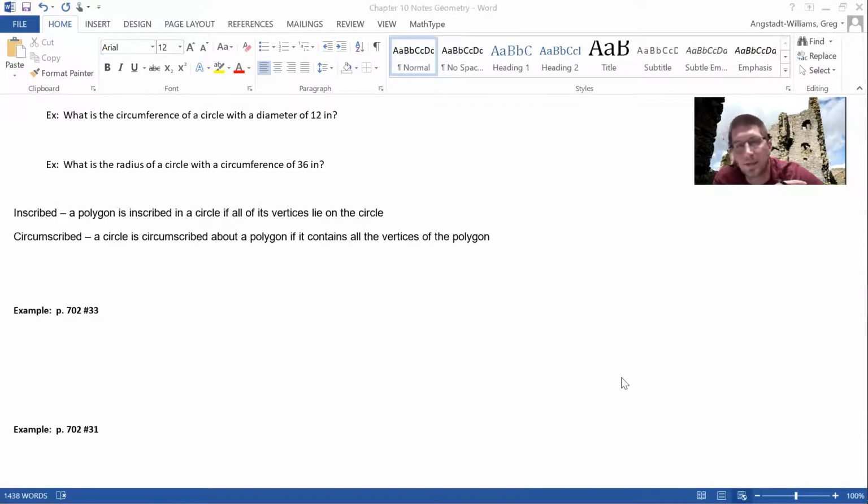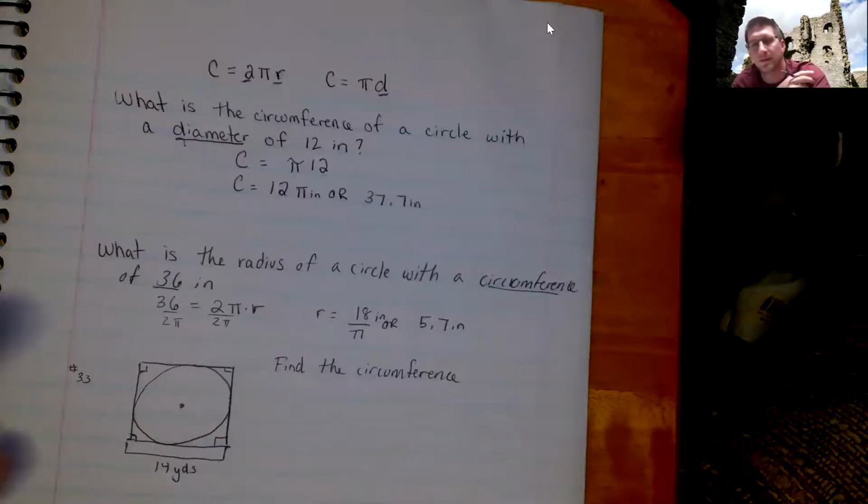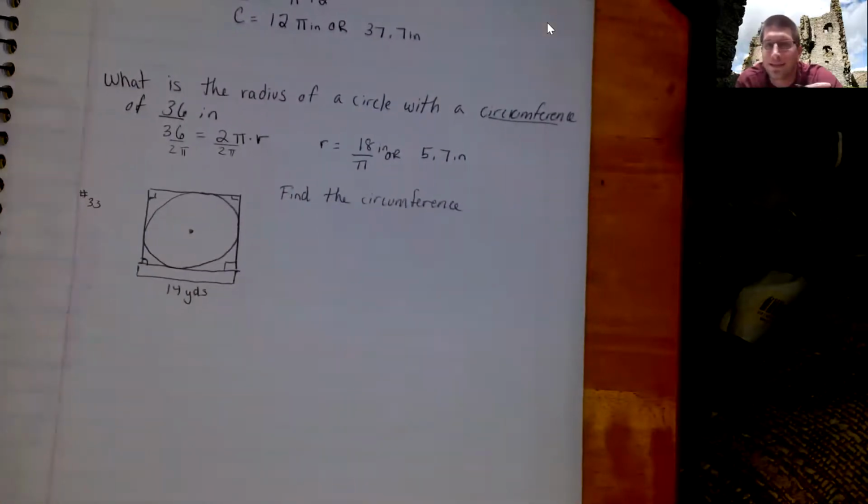So it says to go to page 702, number 33, but I have that drawn here, so if you're just following along with the video, you can just look off of my notes here and you won't have to actually get the book out. So number 33 looks like this, right? We have a circle inside of a polygon.